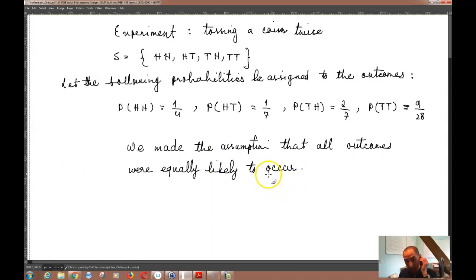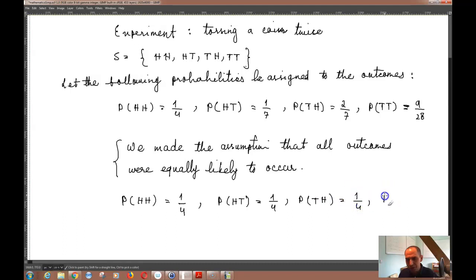So when all outcomes are equally likely, you have to write P of HH equal to 1/4, because the number of outcomes is 4. Then P of HT is also 1/4, P of TH is also 1/4, and P of TT is also 1/4.